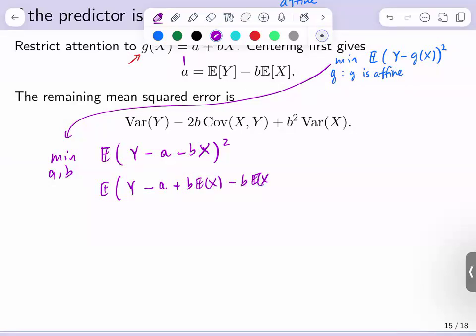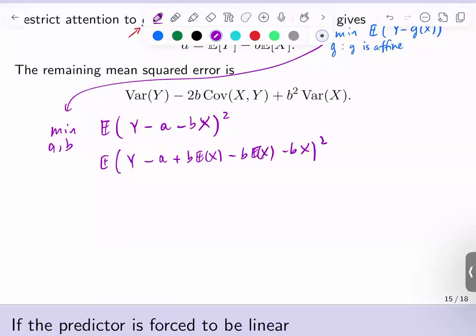Add and subtract this piece. This is going to simplify our life. Let's take this and this together, and then the rest I'm going to write here. So y minus a minus b.